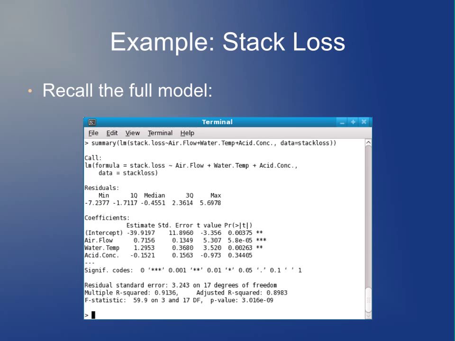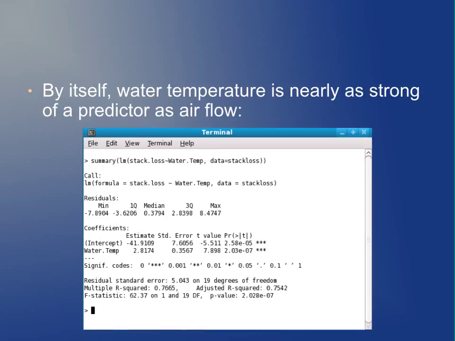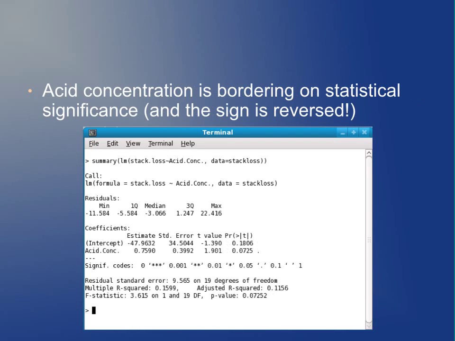Note that the r-squared for the multivariable model is 89.8, so we're explaining about 90% of the variation in stack loss based on these three variables. But airflow by itself gives us 0.838, which is not that much different from the multivariable model. And even water temperature by itself is giving us an r-squared of 0.75, which isn't that bad.